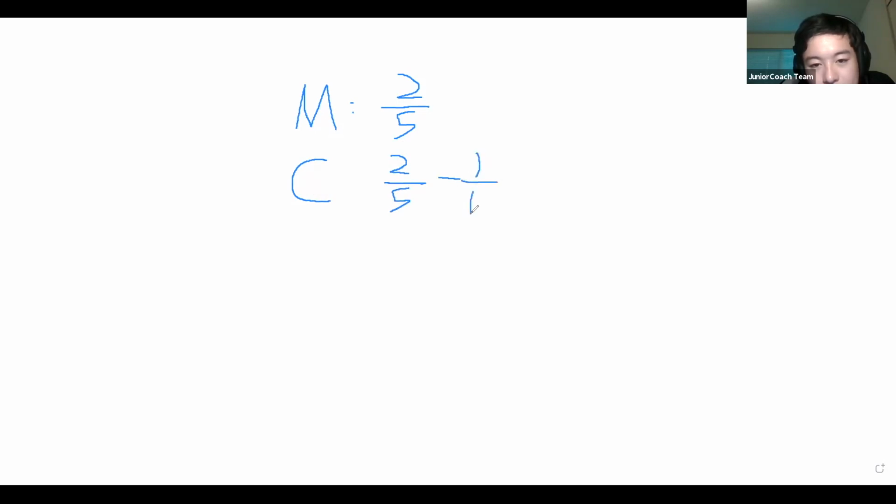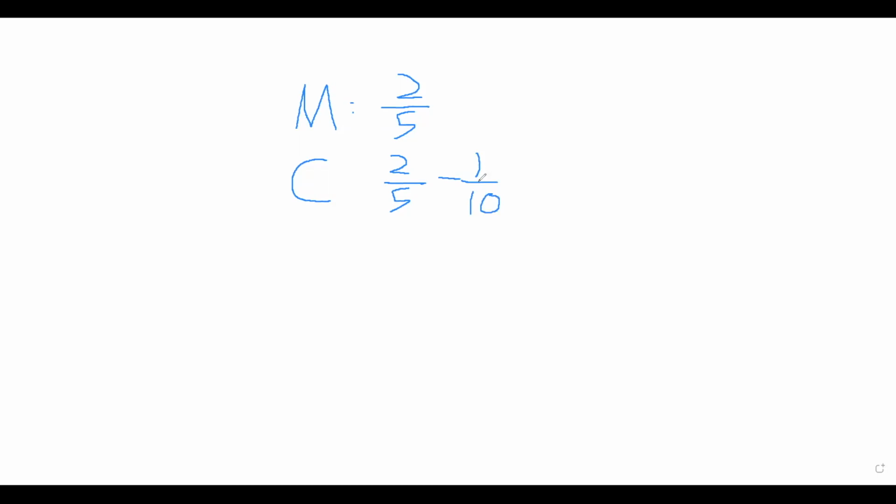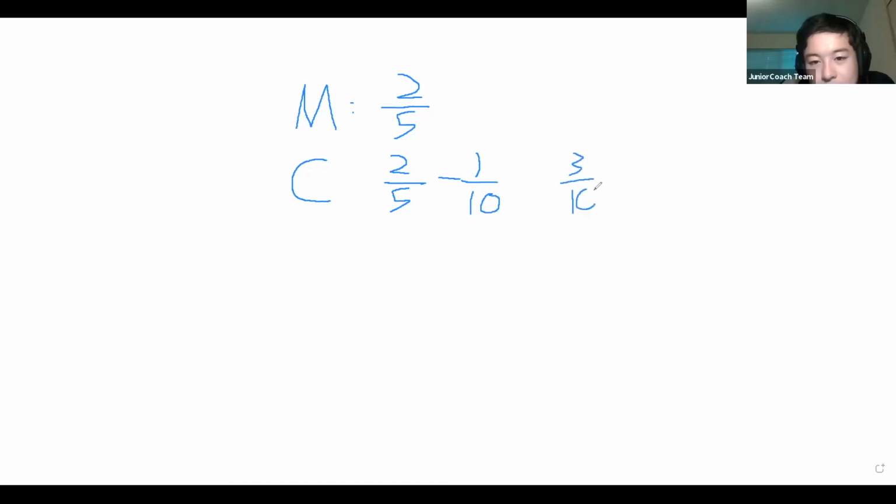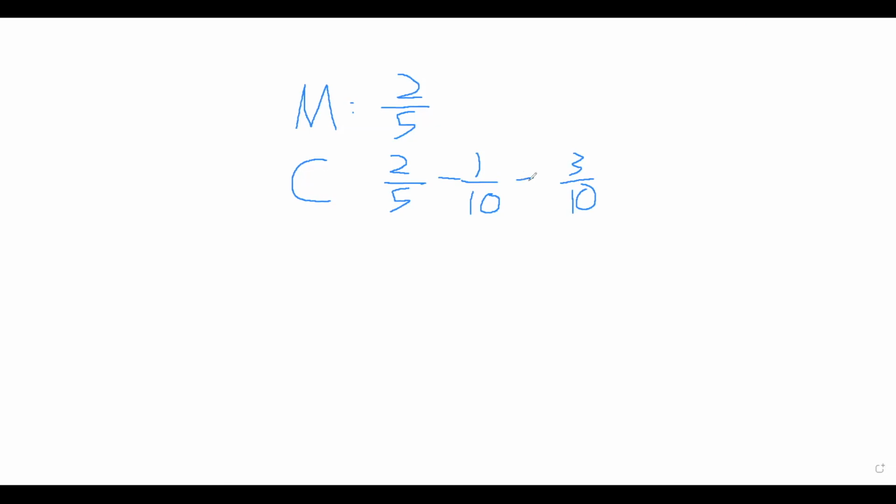It's 1/10 less than person M. So just subtract, right? 3/10. Right, precisely. Oh yeah, so 2/5 is 4/10, and you subtract it, equals 3/10.